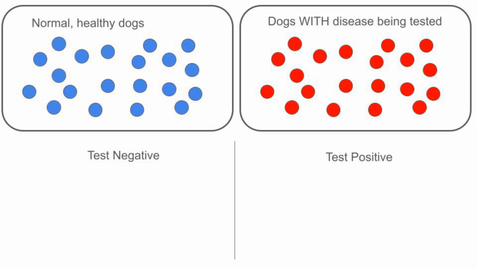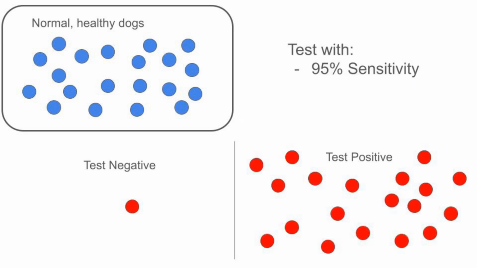A highly sensitive test means that there are few false negative results, and so fewer cases of disease that are missed. For example, if a test for a certain type of cancer has a sensitivity of 95%, it means that 95 out of every 100 individuals who actually have the cancer, represented by the red dots, will test positive for it. This also means that 5% of dogs with cancer will test negative.